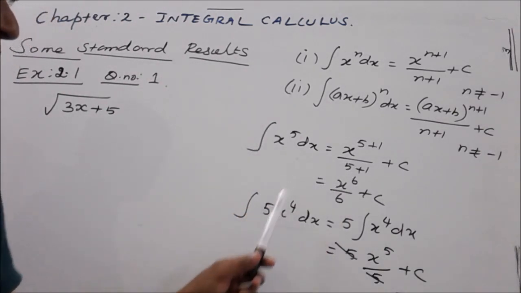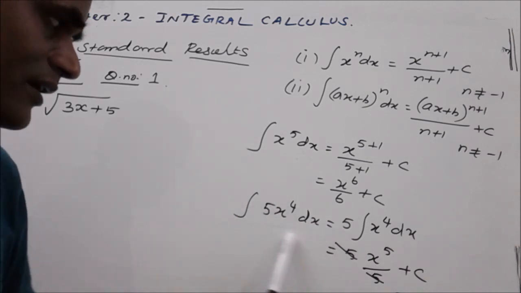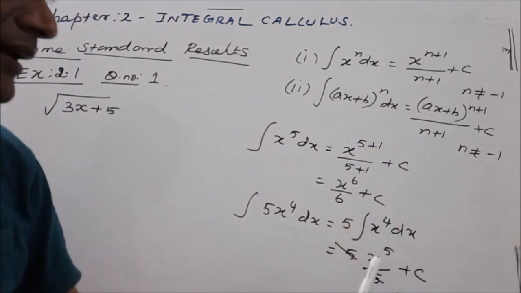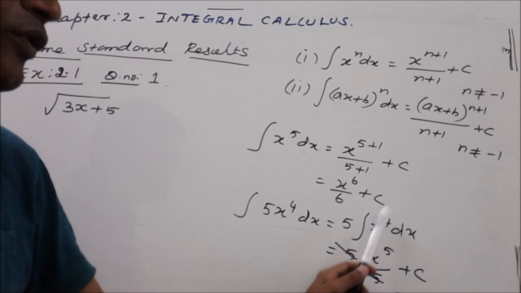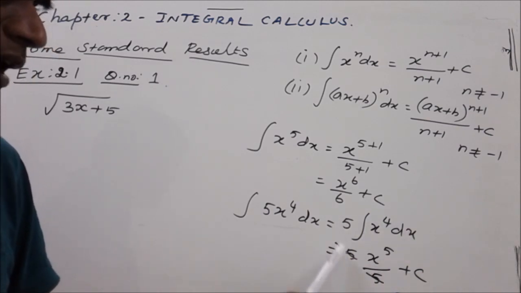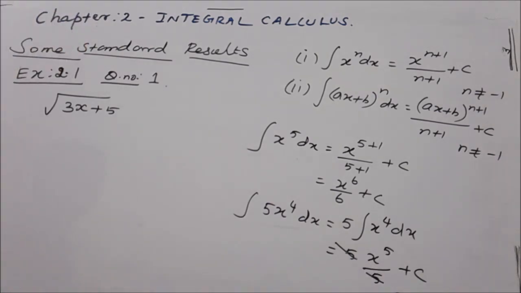So if we have 5x power 4, we can keep the constant out, then integrate the remaining function by using the formula x power n dx. Here x power 4 gives x power 4 plus 1 by 4 plus 1, x power 5 by 5, and we have one more constant here, so we can cancel. x power 5 plus c is the answer. Similarly, approach this problem.